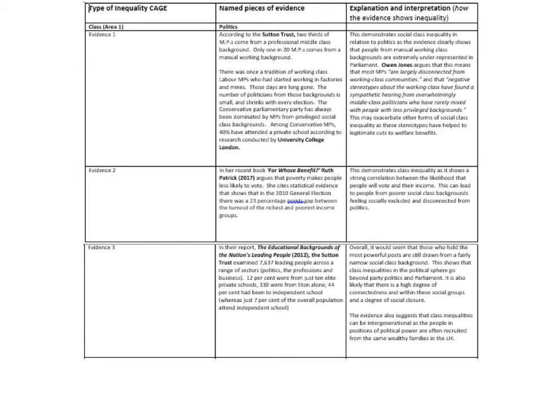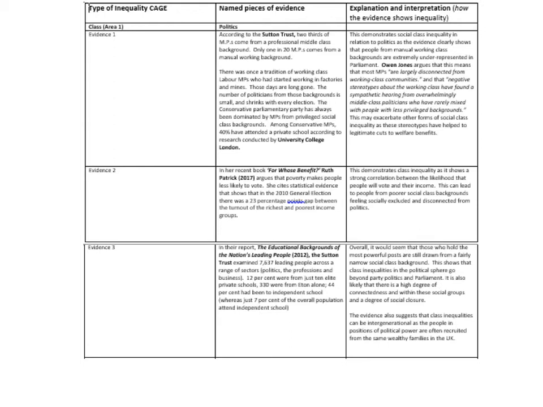So on my revision notes, I cover all of the different types of inequality, so class, age, gender, or ethnicity. So I use this mnemonic CAGE to remind you of the 4 forms of inequality that you need to learn. I provide you with specific named pieces of evidence, because as I said earlier, it's important not just to be anecdotal.